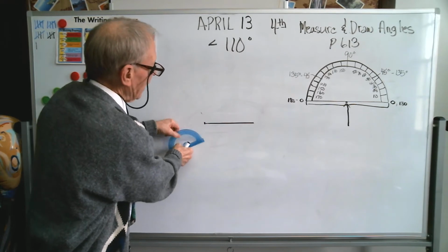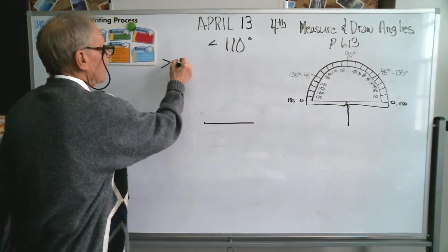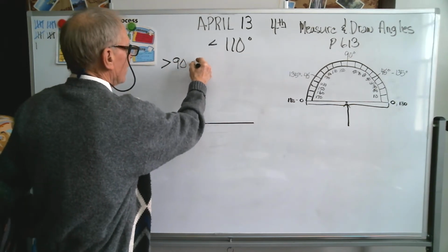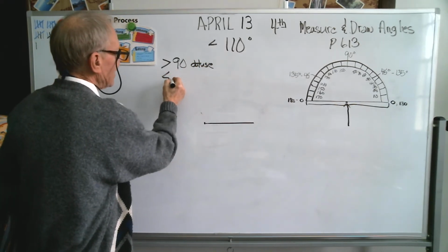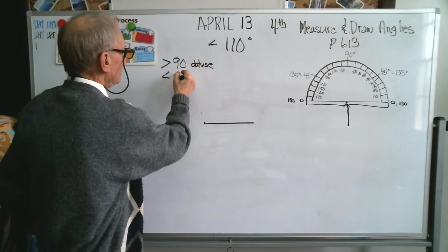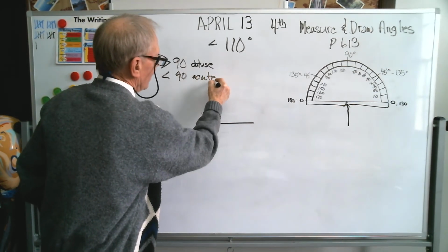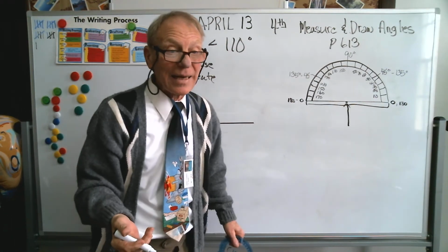Now, we know that any angle that is greater than 90 is obtuse. And any angle that is less than 90 is acute. Now, 110 degrees, is that more or less than 90?